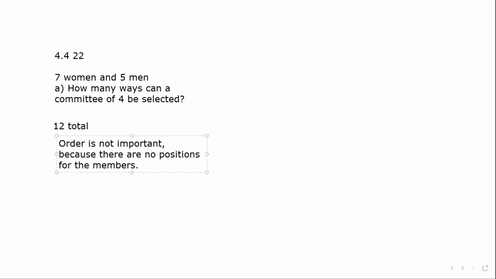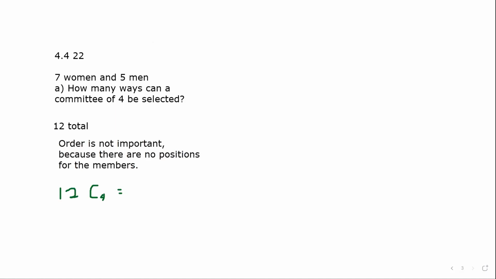So here for A, we're just going to say it's 12, from those 12 people. We're going to use a combination and we want to choose 4 people. So 12 choose 4 people. And that would be our answer. So let's see what that is.